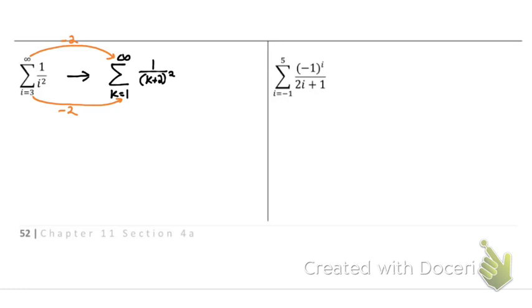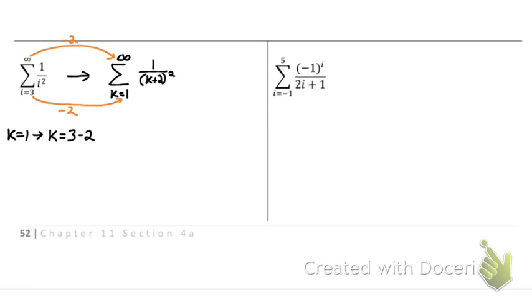Now the algebra way of this, we should come up with the exact same answer, but I like to have 2 ways in case you get stuck on a test. We start with k equals 1. Then my goal is to rewrite this in terms of I. So the first thing I'm going to do is take that 3 down and say k equals 3 minus 2. It still equals 1, but I used that 3.